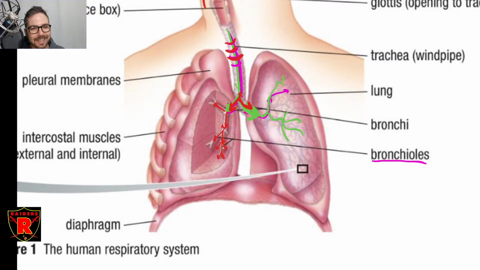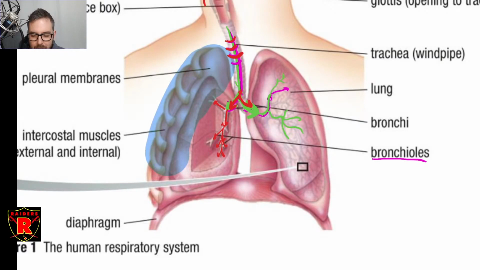There's the basics. The lungs are sitting in a cavity inside of your chest called the pleural cavity, and it has a membrane running around on the outside. That's this membrane right here, called the pleural membrane, which is very soft, smooth, and a little bit gooey on the inside.